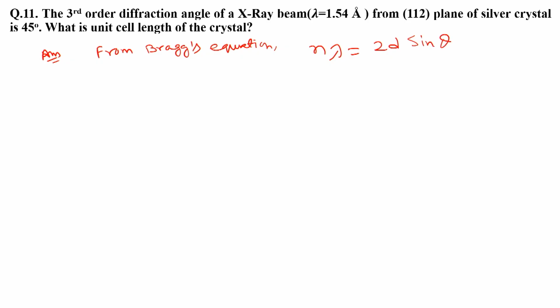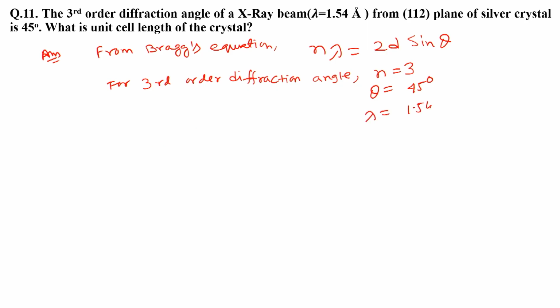Here n is 3, okay, this is third order diffraction. And theta is 45 degree, and lambda is also given, 1.54 angstrom.